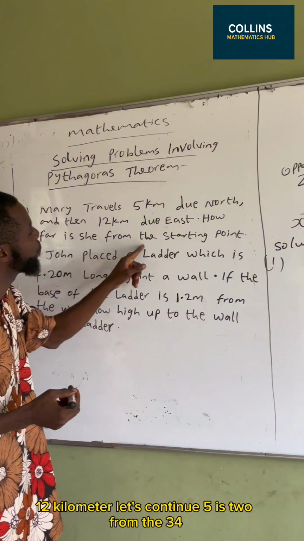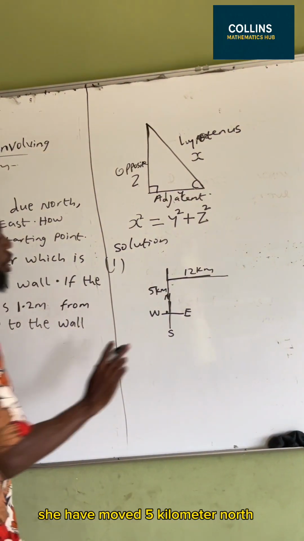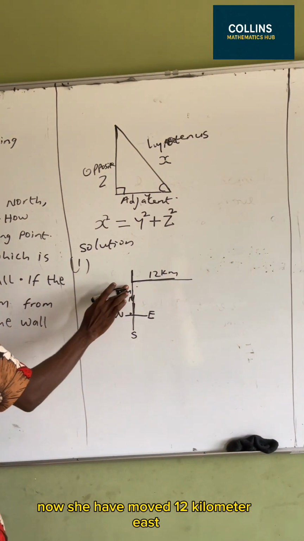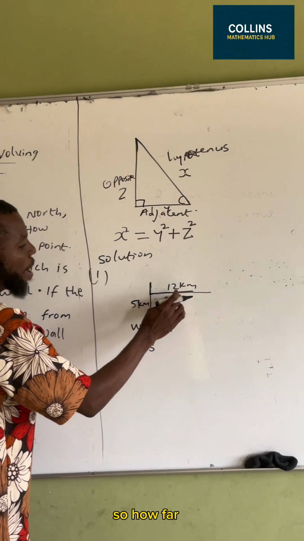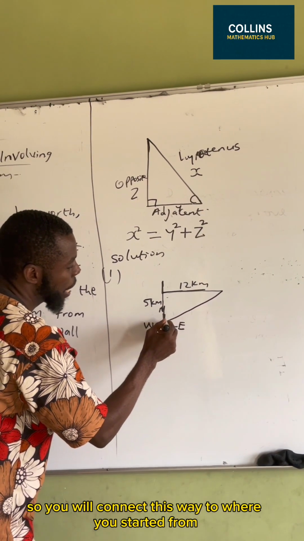How far is she from the starting point? Remember, this is where Mary started from. She has moved 5 kilometers north. Now she has moved 12 kilometers east. So how far? You will connect this place to where she started from.